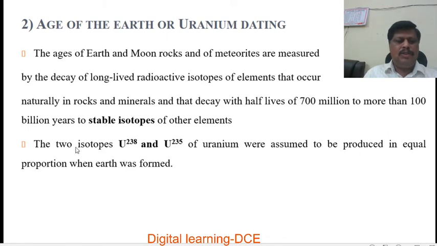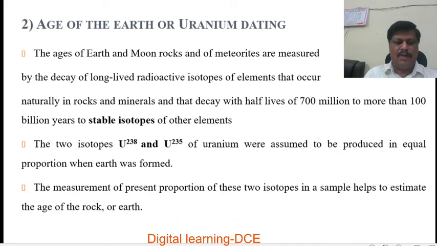The two isotopes of uranium, that is uranium 238 and uranium 235, were assumed to be produced in equal proportion when Earth was formed.